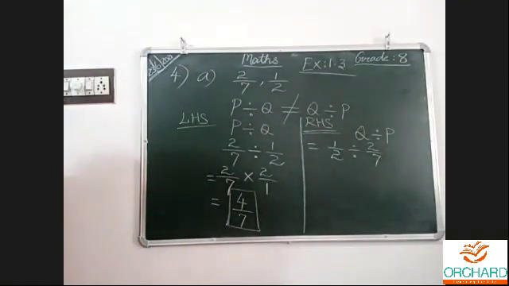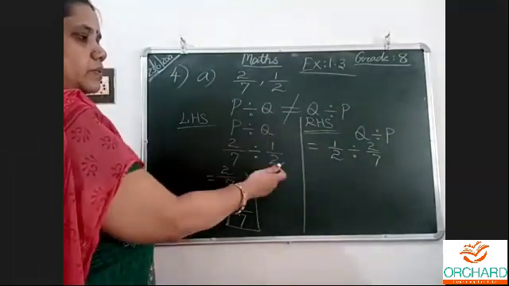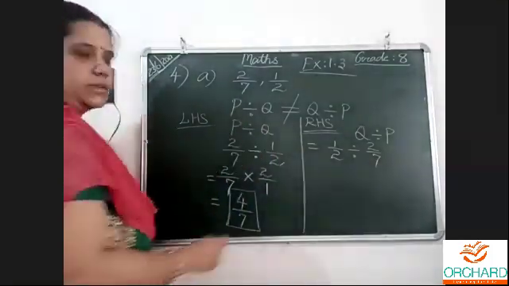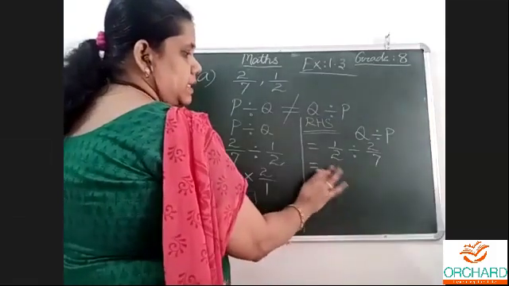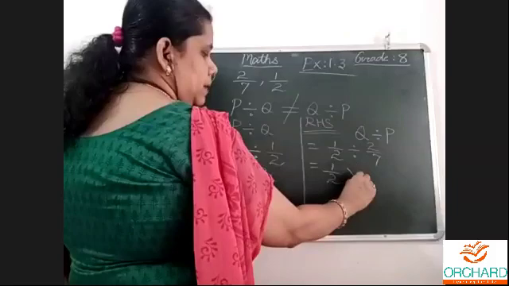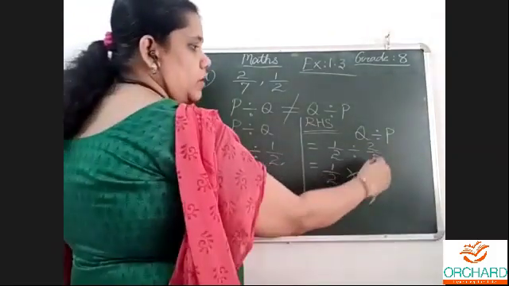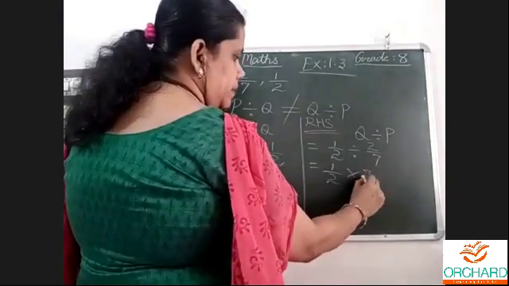Understood? That is called Q divides P. The reverse: 1 by 2 divides 2 by 7. Now that is equal to 1 by 2 multiplication symbol, the second number's reciprocal, 7 by 2.